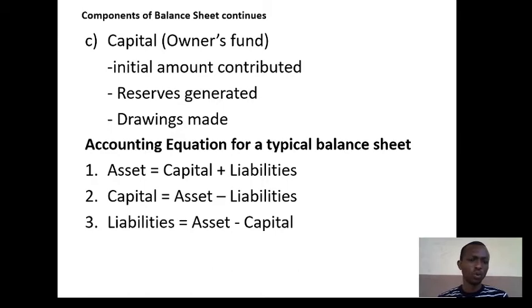But always know that since asset is bigger than either capital or liability, at every point you are calculating capital, asset will come first. That's why in equation 2, we say capital equals asset minus liability. Then when we are looking for liabilities, we say asset minus capital. So that is the accounting equation.